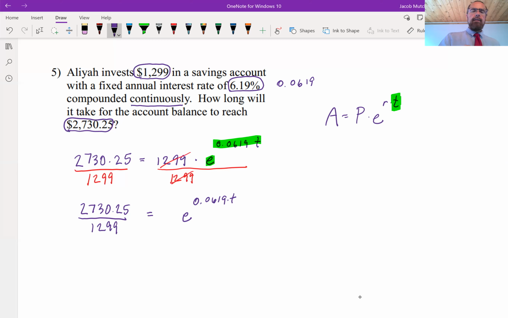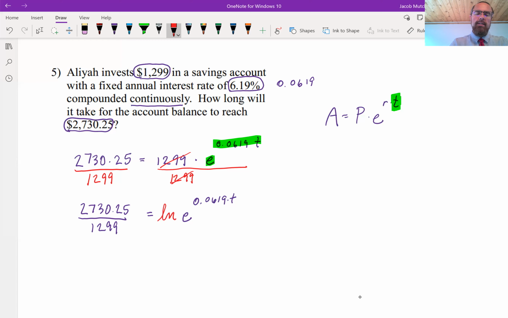Now we do that so that I can take the power down. Now I want to use one of my strategies that involves a logarithm. Now since my base is E, the logarithm base that I want to apply to both sides will be logarithm base E. And remember, that's equivalent to natural log, which is given by ln.